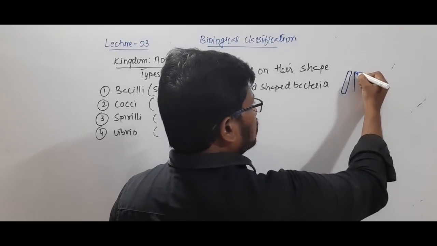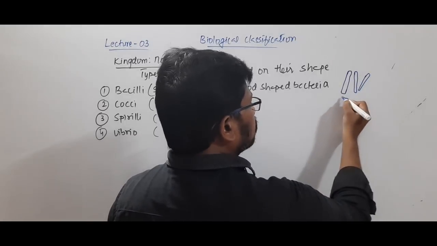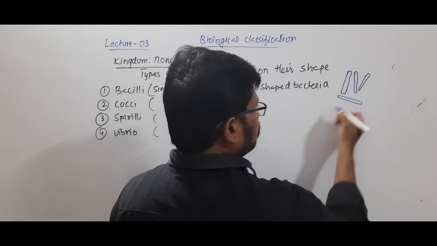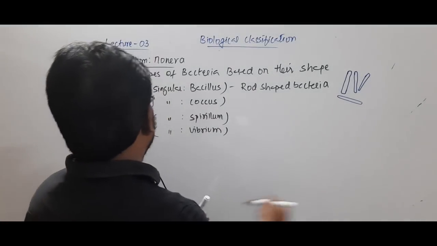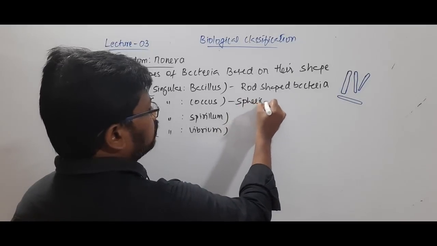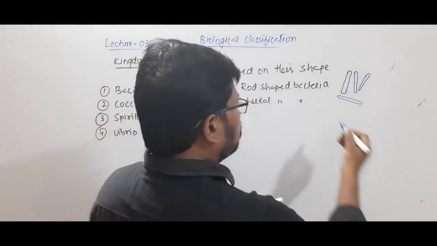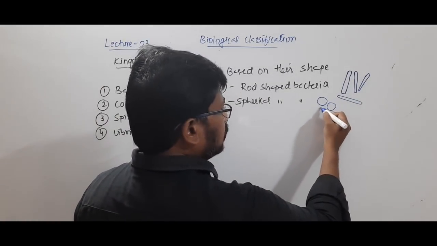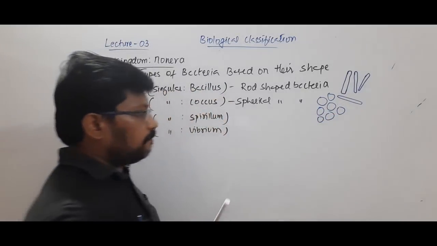All these are rod-shaped bacteria. Then coming to cocci, these are spherical shaped bacteria. These spherical shaped bacteria are seen round.